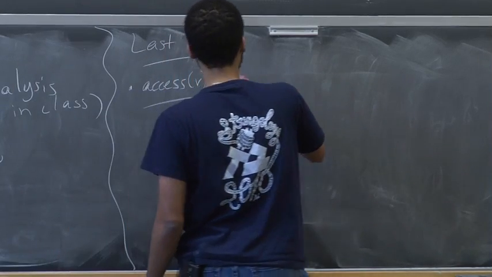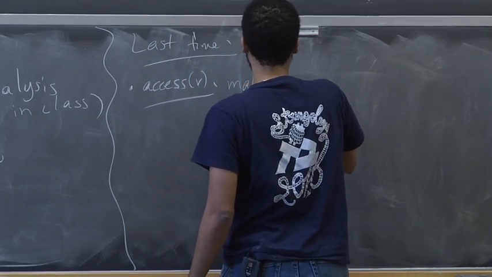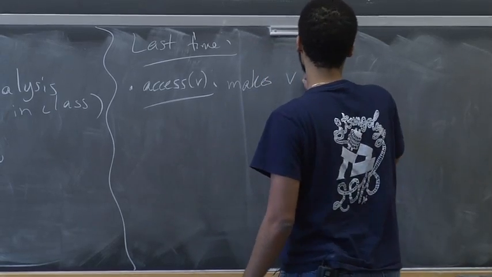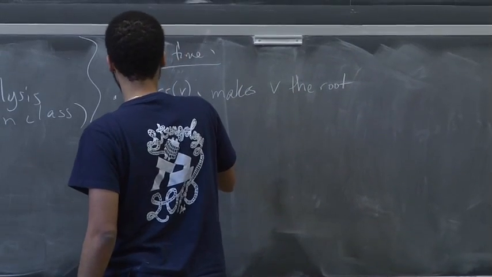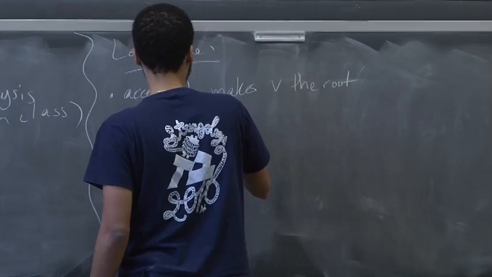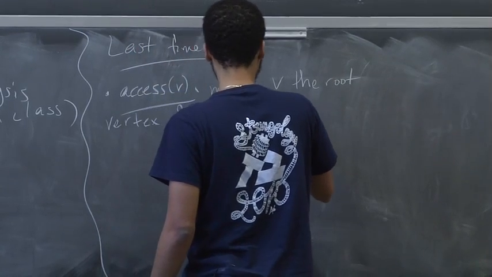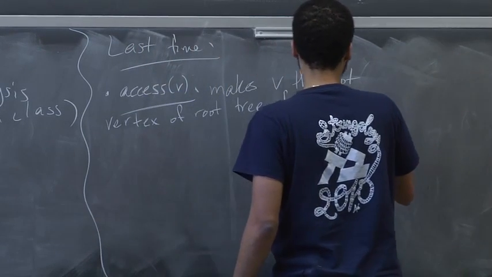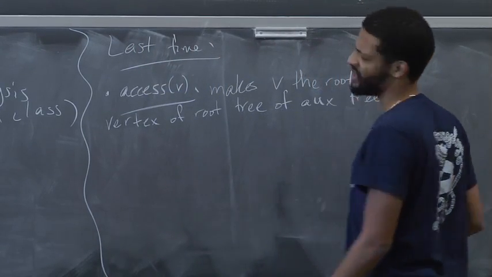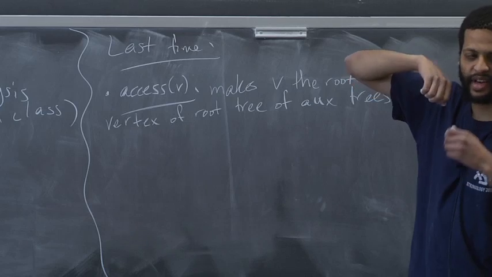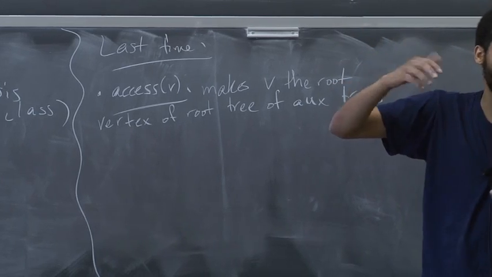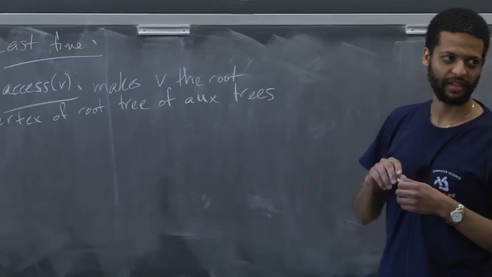Basically, it makes the vertex the root of the tree of aux trees. It did this by repeatedly splaying V, then connecting it to its path parent, and then splaying again to make it the root of that. It just kept splaying it upward, right? If people remember this.